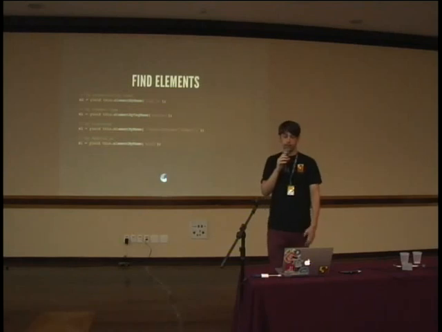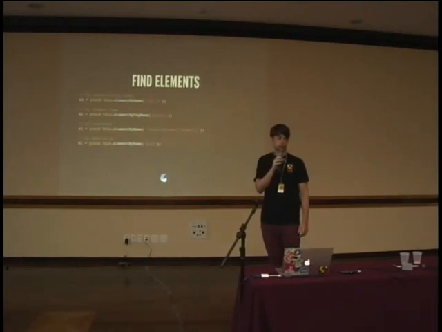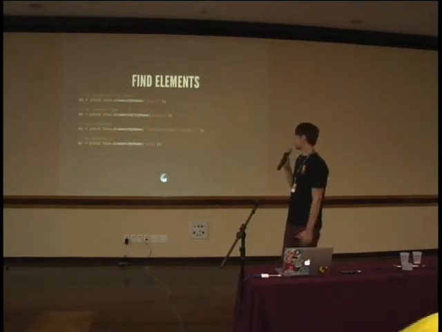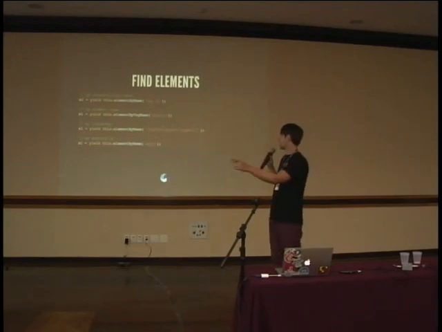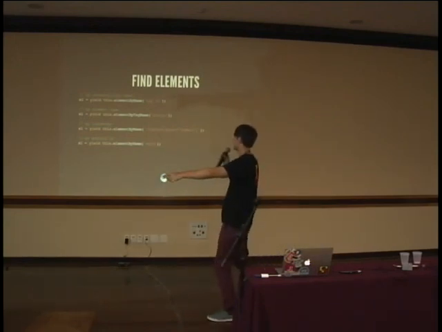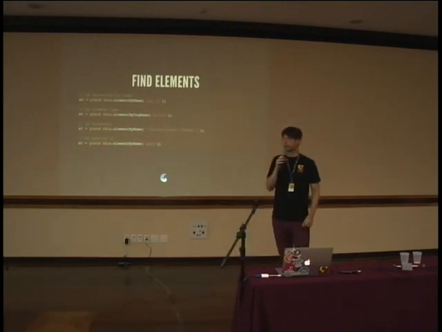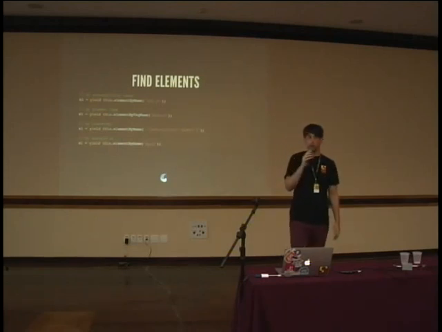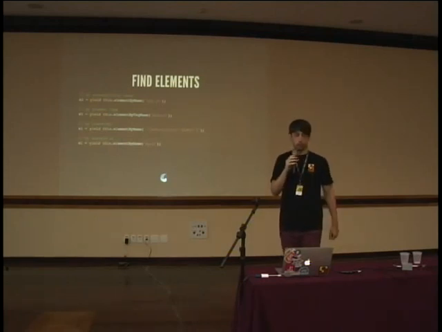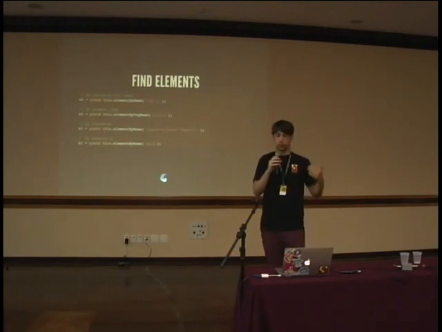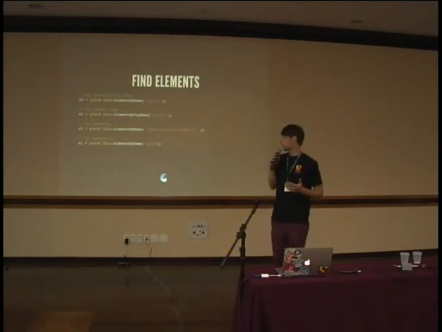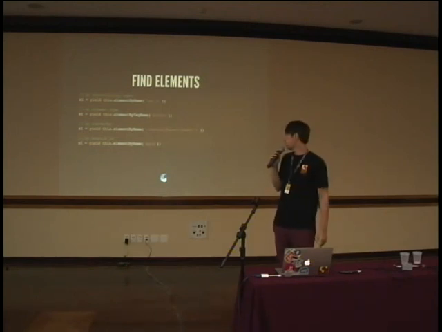You can find elements in your app. For example, you can say that I want the element with the text login. Well, sorry, not the text on it, but with the accessibility label on it. If you've got an accessibility label defined in your application, you've got that in both Android and iOS. Then you can get your element. You can also get elements by type. You can get the whole array of elements and loop on them.